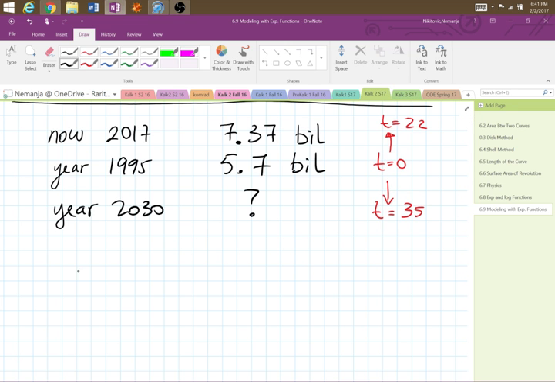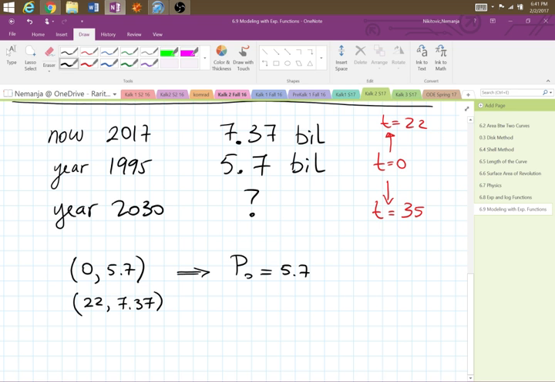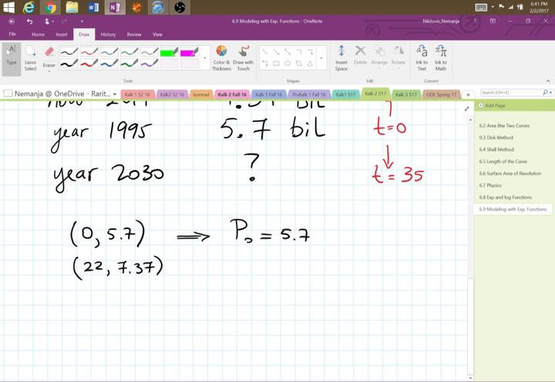Awesome. So now, what are my points of interest for this problem? I have the point (0, 5.7), from which I know that the initial population is 5.7, because at time 0 is when you have the initial population. I also have the point (22, 7.37), which is the current state. And I have the point where I am looking for the actual population. So now I'm going to write the mathematical model.